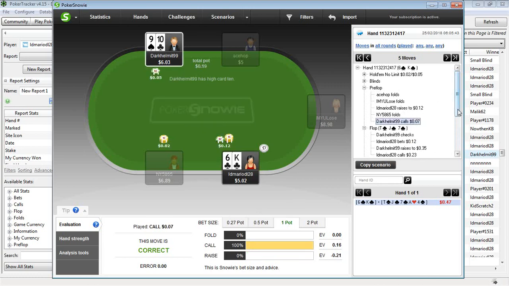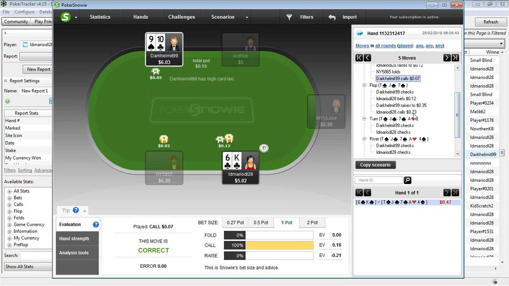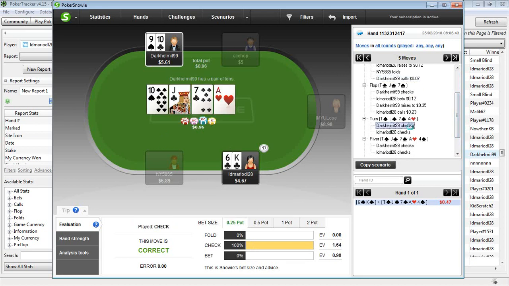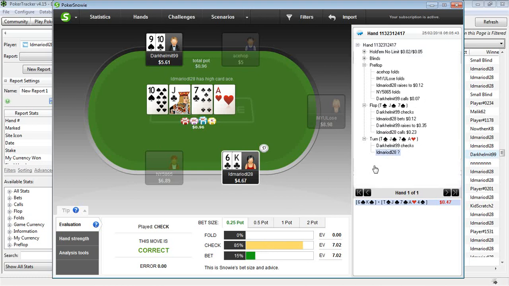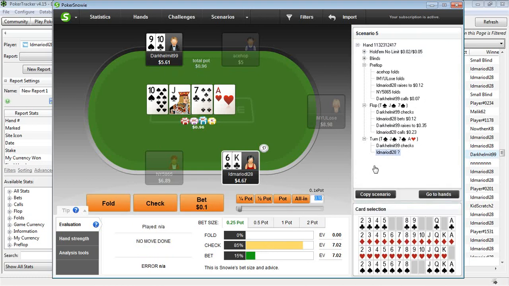Let's copy the scenario. I want to copy the scenario up until this check. Okay, let me bet here.